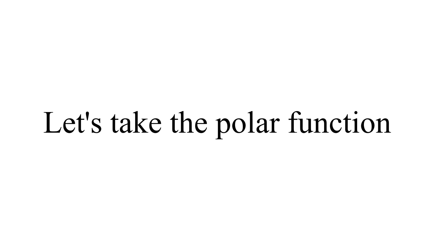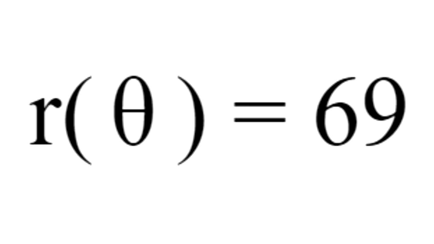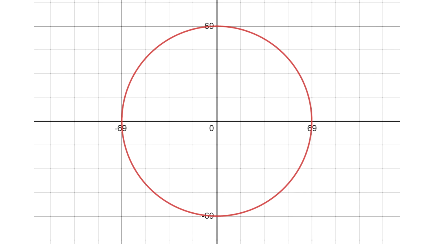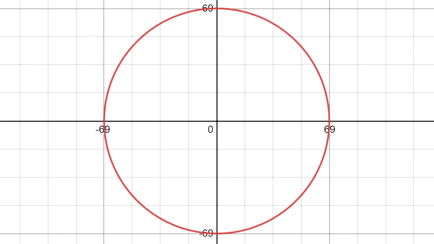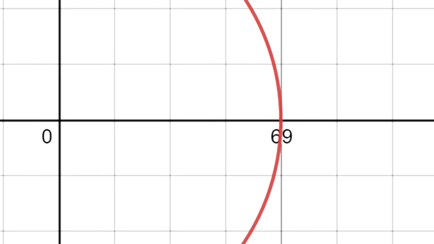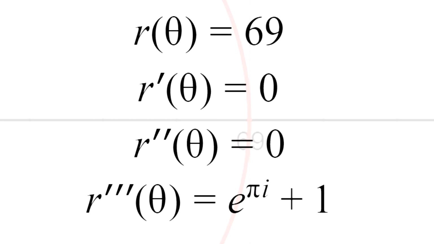Which means we can finally wrap up this lengthy video after this short example. Let's take the polar function r of theta equals 69, which is a circle of radius 69. I mean, hey, this is a circular video after all, so you should partly expect this. But anyways, since we have a constant for a function, its corresponding derivatives should be 0.